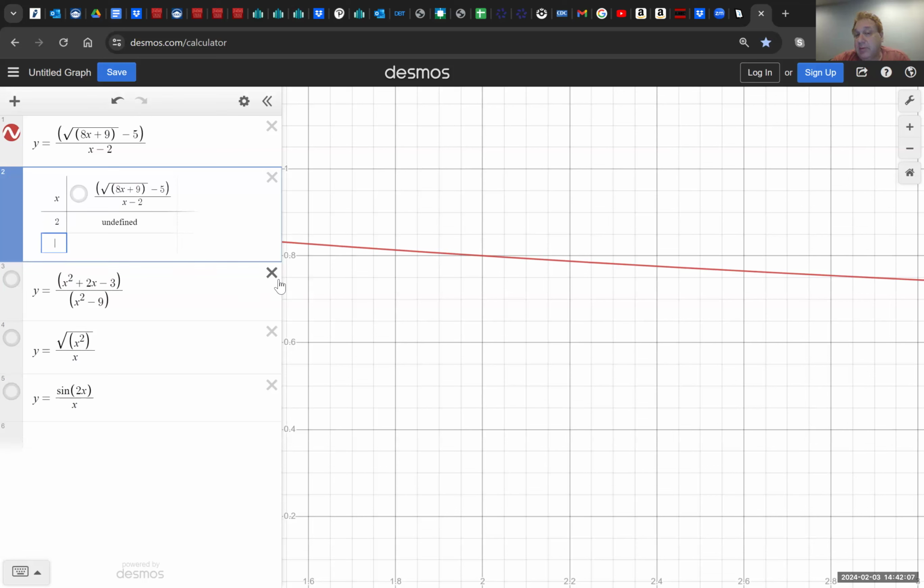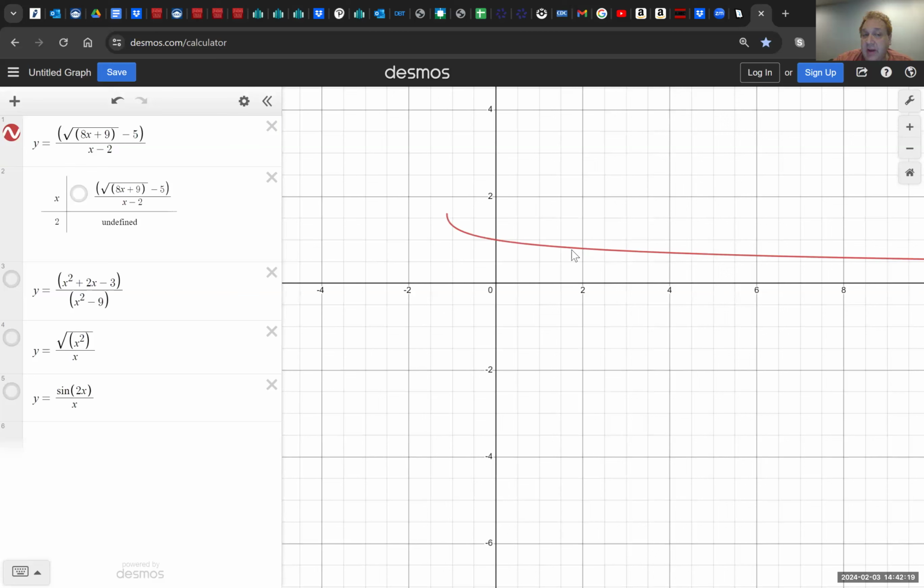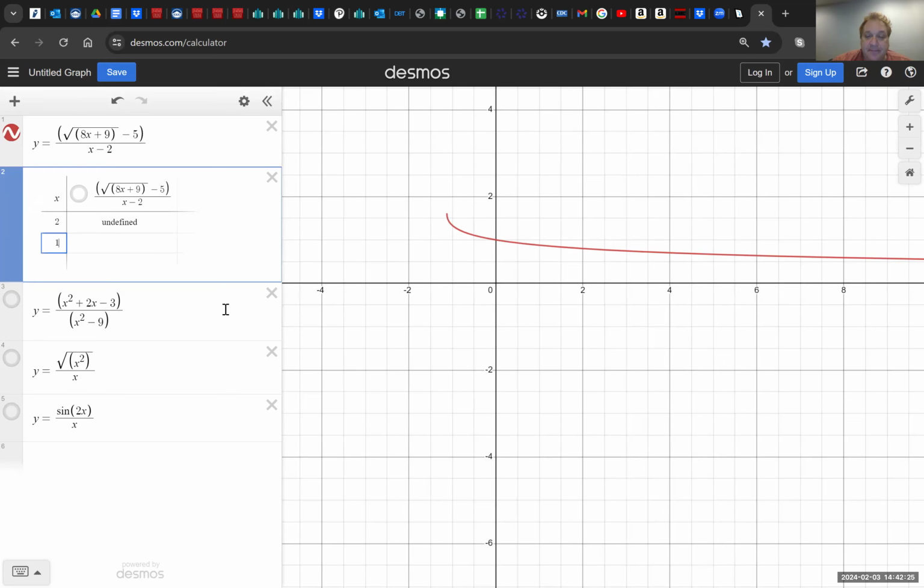So what do I do? I plug in numbers that are very, very close to 2, just like I did before with 0. So what's a number that's very, very close to 2? Let me zoom out a little bit. Well, if you're a little bit smaller than 2, you would do something like 1.9 or 1.99, things like that.